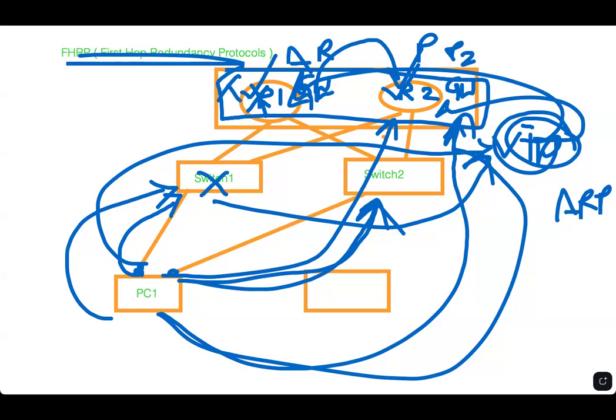Sir, how is it different from a load balancer, sir? Load balancer is sharing the load between the servers. So, in a load balancer, let's say you have servers.